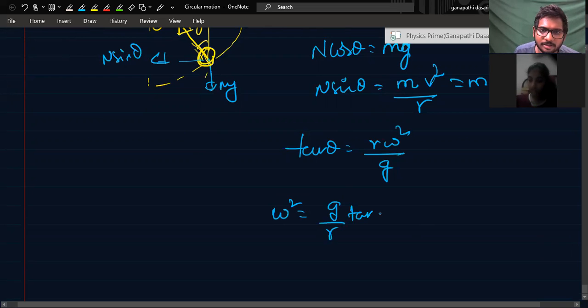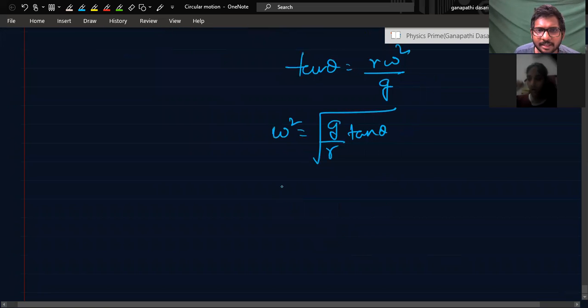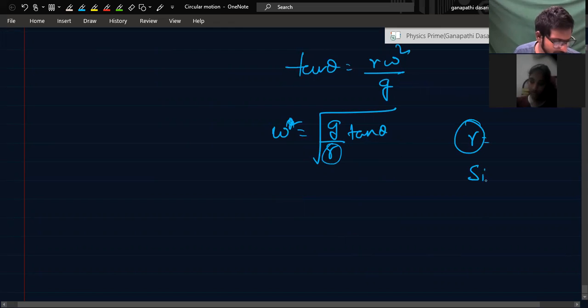But r you might not know. You might know the radius of the hemisphere. Then from the diagram, sin theta is equal to small r by capital R.